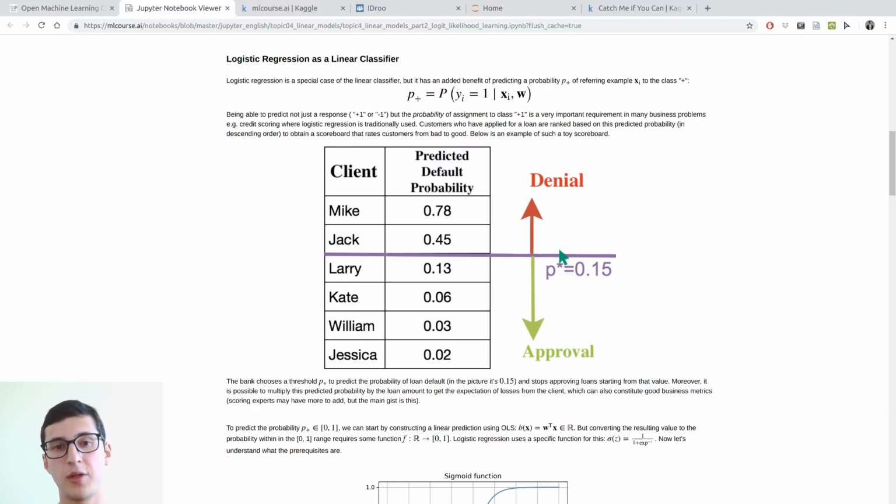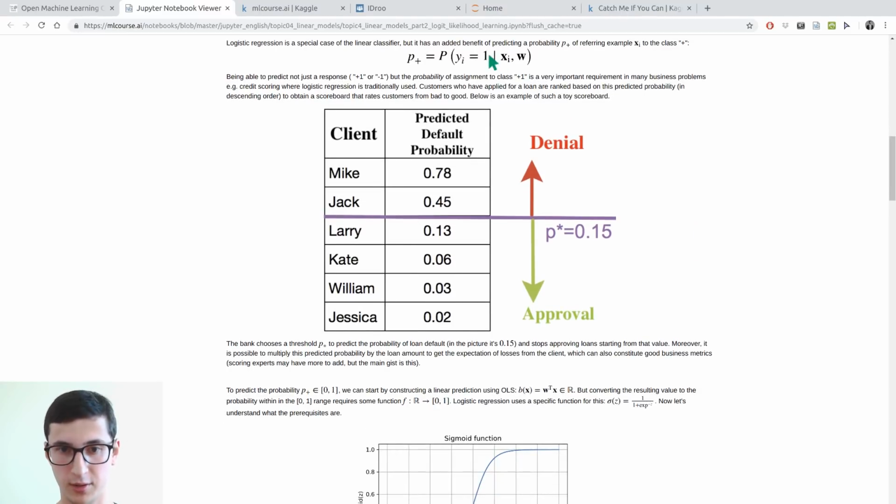With predicting default, it's even better to have predicted probabilities, because we can multiply these predicted probabilities by the amount granted, and thus estimate the expectation of losses. So in many scenarios, it's much better to have predicted probabilities instead of just labels. And logistic regression is especially good for predicting probabilities.